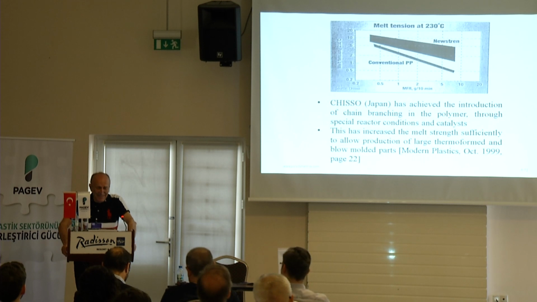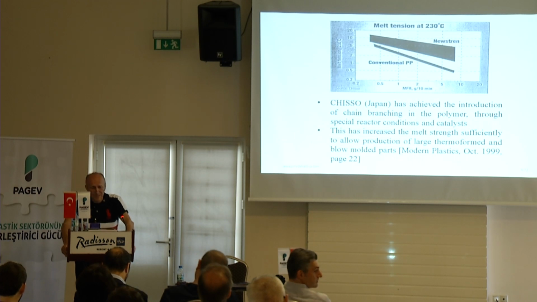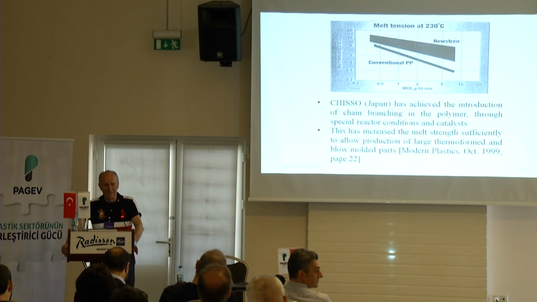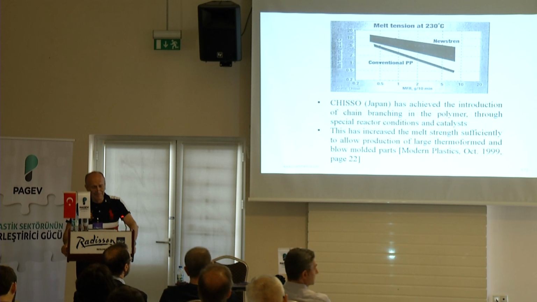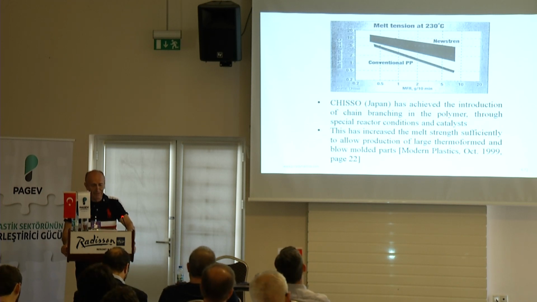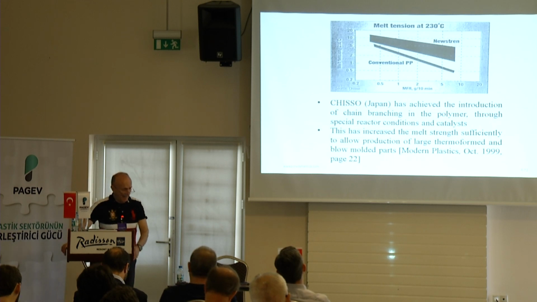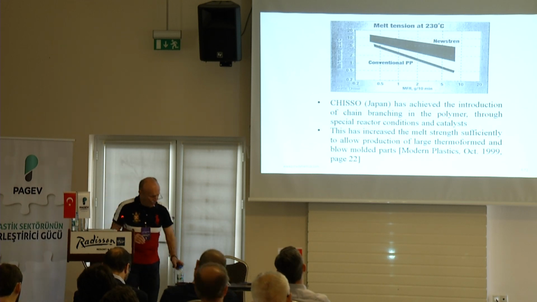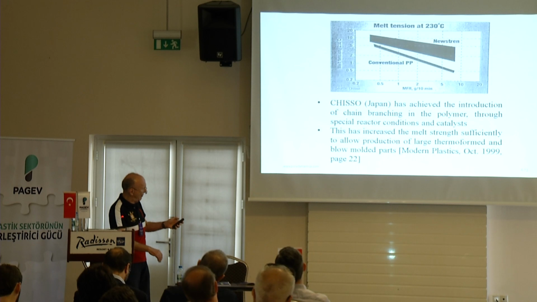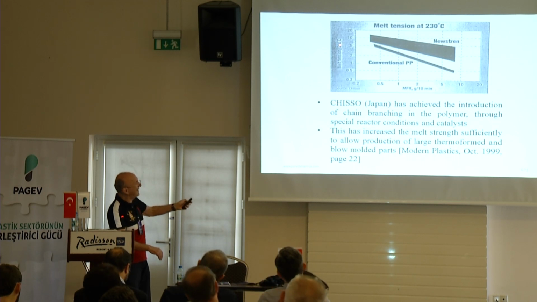Well, this is a very interesting graph. I like this one. It was an infomercial that appeared in Modern Plastics way back, well, 20 years ago, as I see. And what they have here, they call melt tension, is really melt strength.